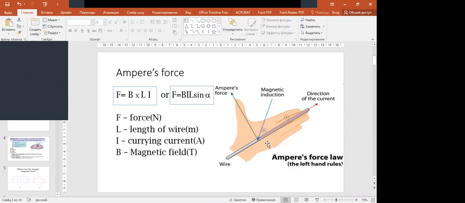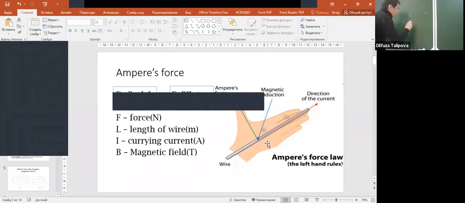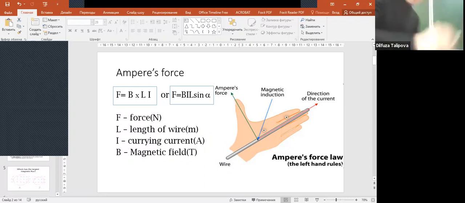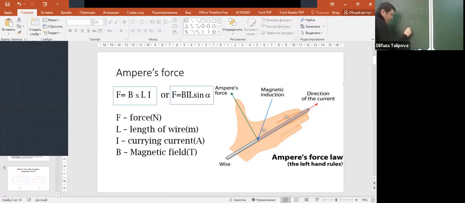So F is equal to the vector product of L and B multiplied by I. According to the definition of the vector product, B cross L is equal to B multiplied by L multiplied by sine of theta.